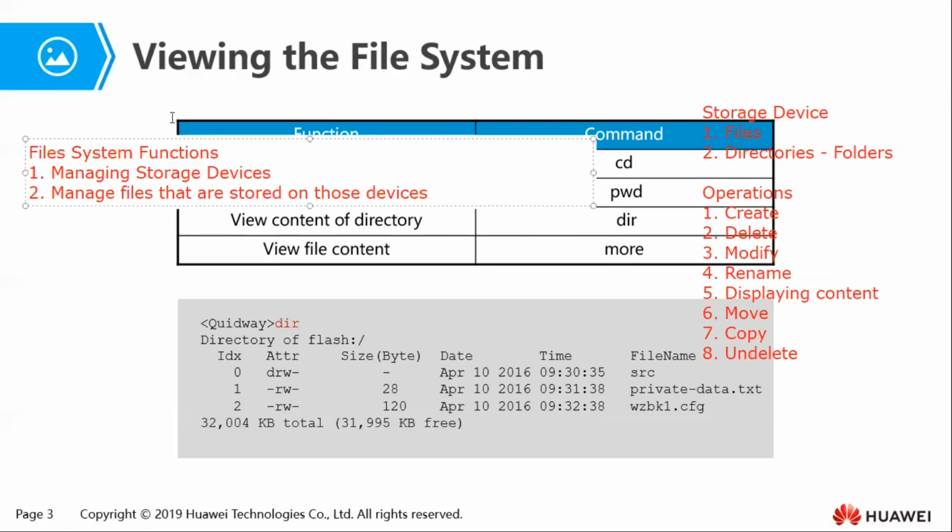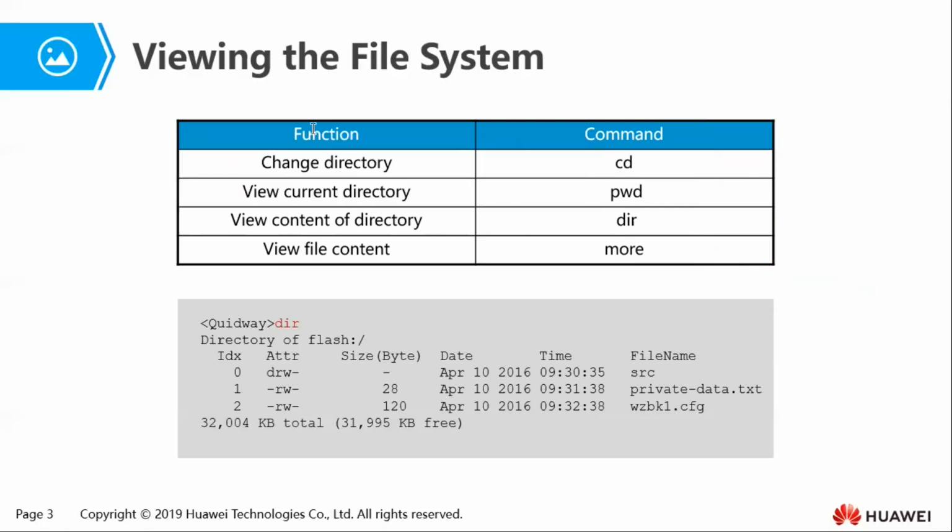Okay, so let's look now into this. For example, in CLI, you can use the command cd to change the directory. Changing the directory is simply moving from one directory to the next directory. When you want to view the current directory, you use the command pwd.